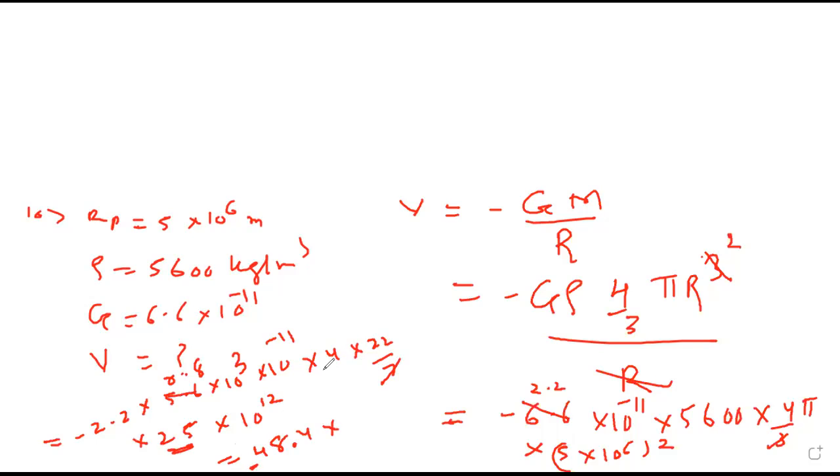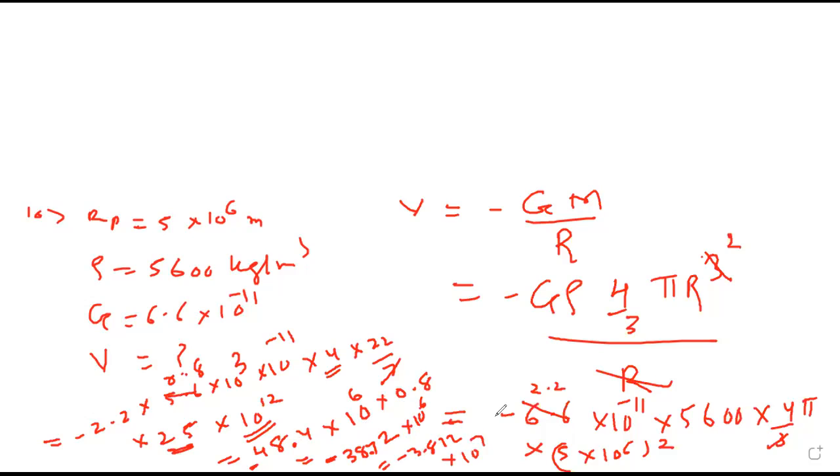Into 25 into 4 is 100, 100 into 12 will become 14, 14 and 3 will become 17, 17 minus 11 will become 6, and that 0.8 extra equals minus of 8 fours are 32, 8 into 8 is 64 and 3 is 67, carry 6, 8 fours are 32 and 6 is 38, after 2 digit decimal into 10 raised to 6, that means minus 3.872 into 10 raised to 7.